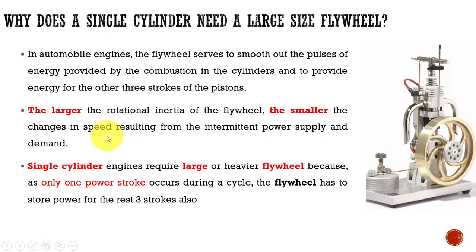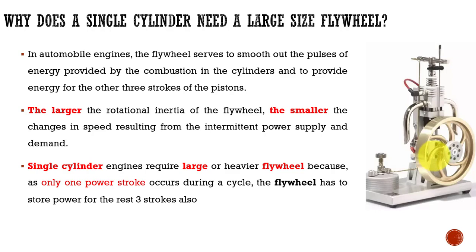We know that the larger the rotational energy of the flywheel, the smaller the changes in speed. If you have a larger size flywheel, it has the ability to store more energy, that means more rotational inertia.